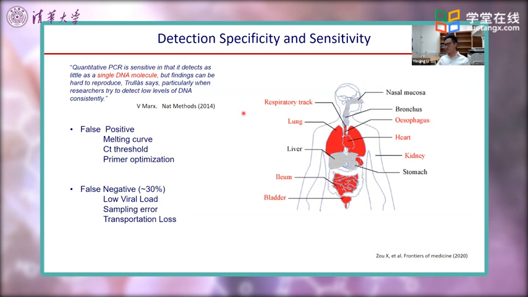So this graph shows that the upper respiratory tract has much lower expression level of the ACE2 gene compared to the lower one. And we know the disease mainly infects the lungs and this lower respiratory tract.